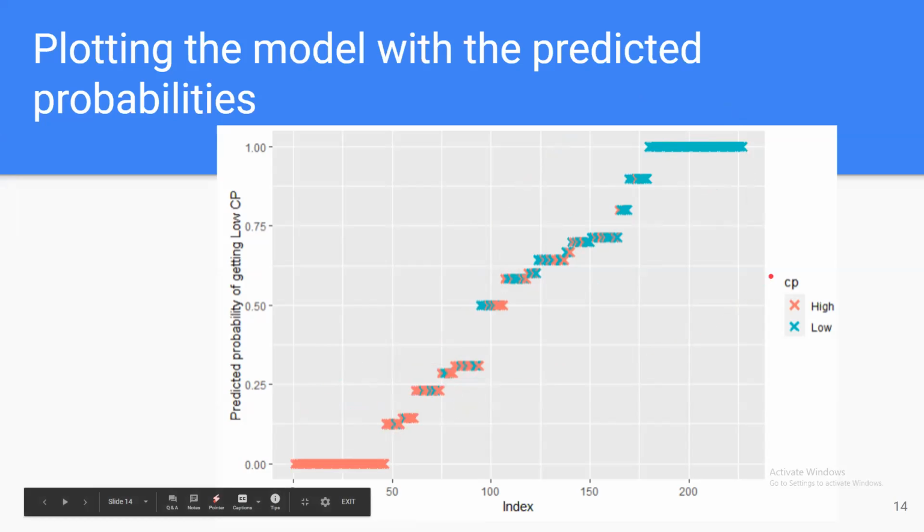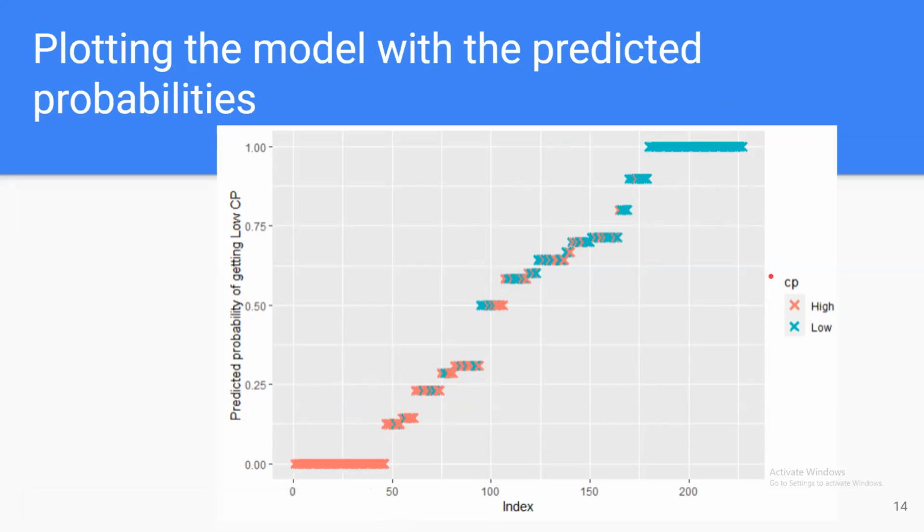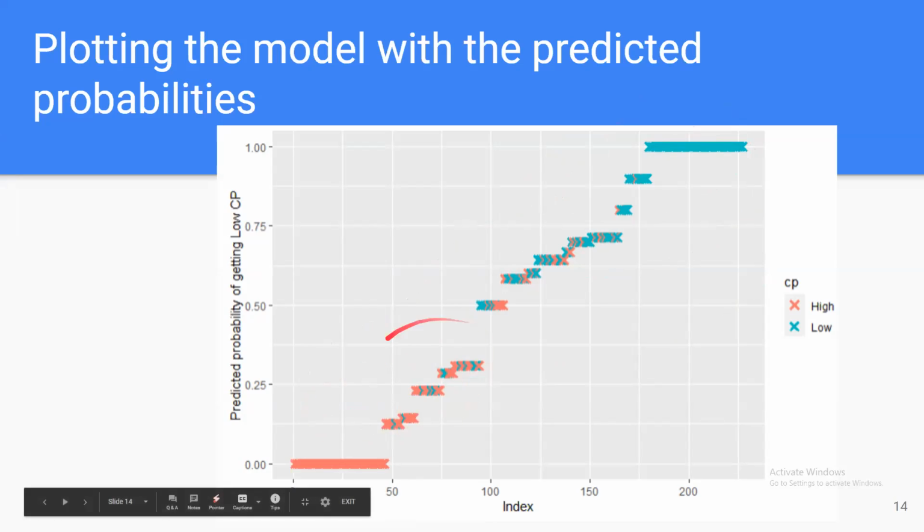Most of the stages in the process with low CP are predicted to have a high probability of getting a low CP. Similarly, most of the stages in the process with a high CP are predicted to have a low probability of having a high CP value, as we see from the plot.